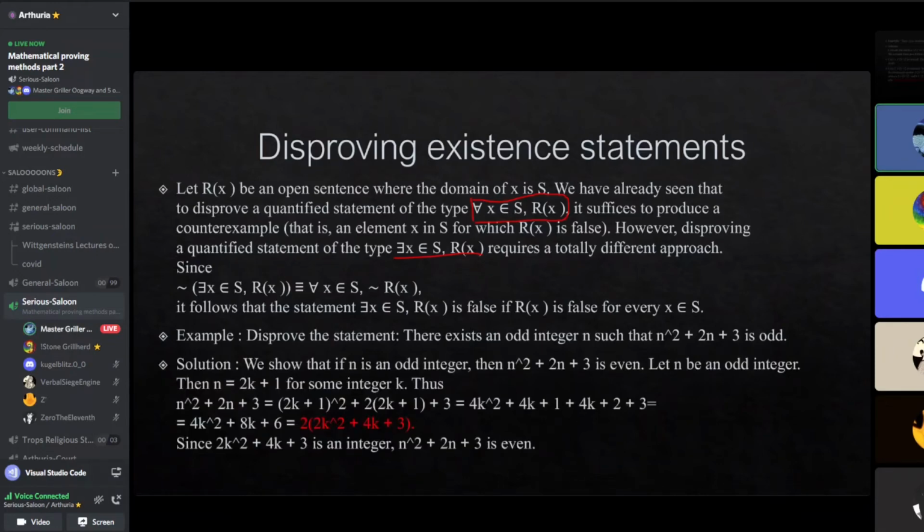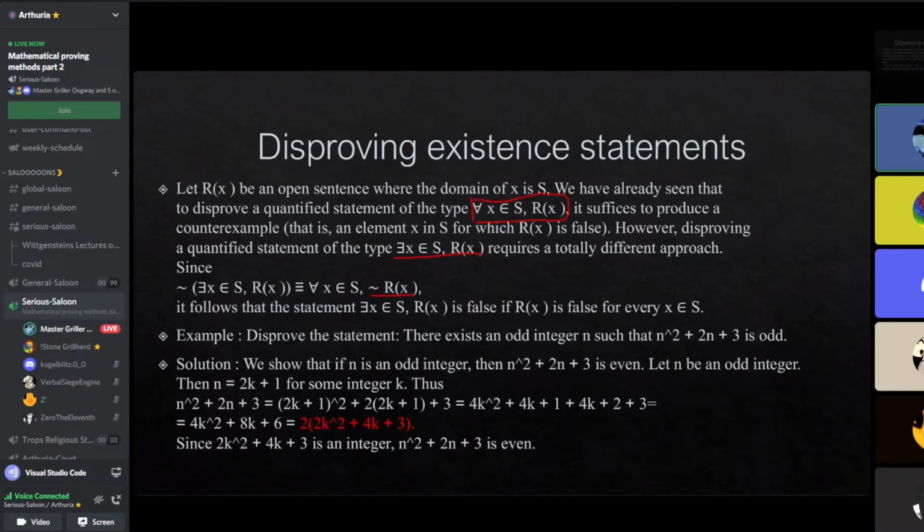Well, the solution, as you have already seen in the previous lecture, is that we now show that if n is an odd integer, then not Rx, right? And not Rx is the statement that n to the power of 2 plus 2n plus 3 is even. And this is the negation of it being odd.